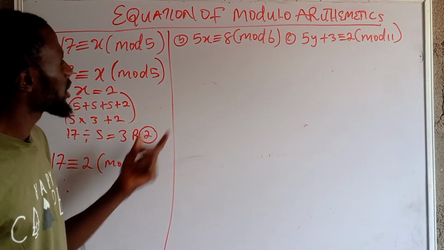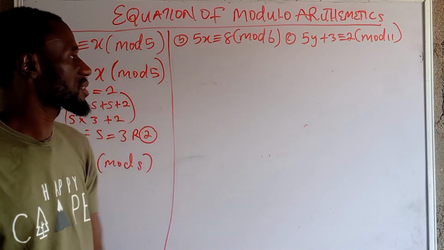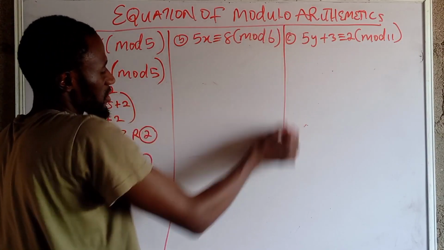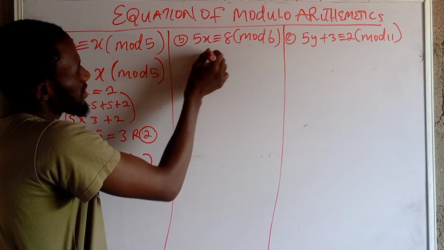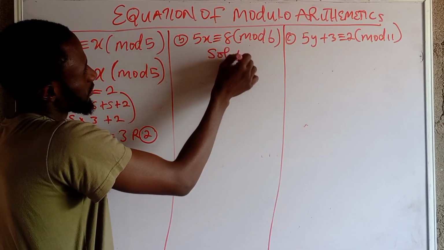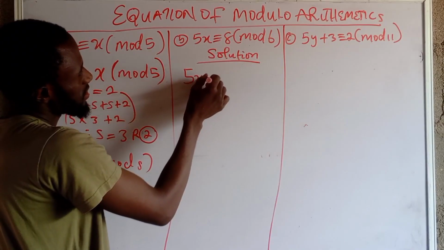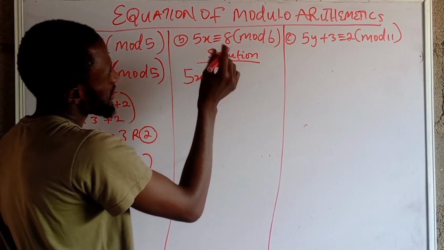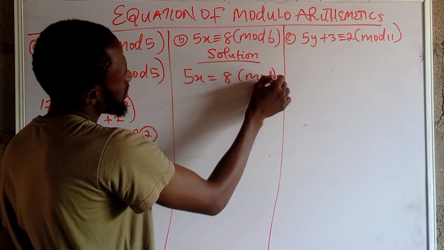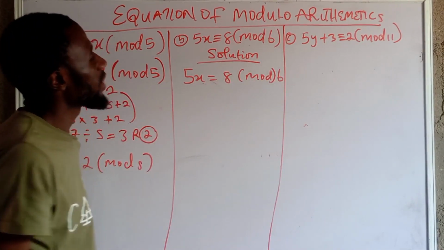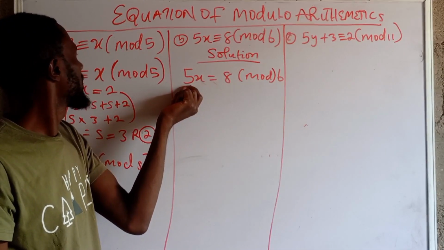In solving the next question, we have 5x is equivalent to 8 mod 6. We can solve it this way. Solution: 5x equals 8 in mod 6, and we want to know the number which, multiplied, gives 5 here.